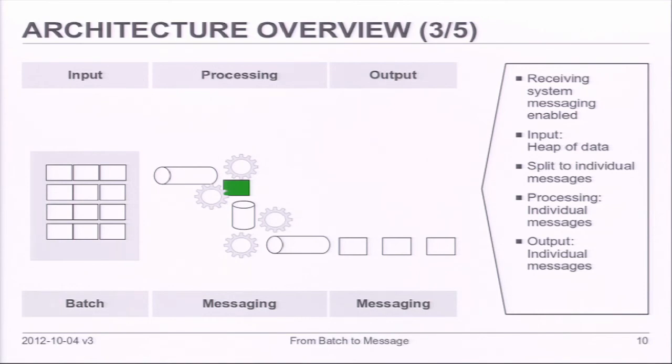You won't be able to change that in the first or second step of the migration, because you have external parties that are involved there. So you would keep the input the same, but then you will split the data, do the processing internally based on messages, and output single messages that can be consumed by the next system in your operation.